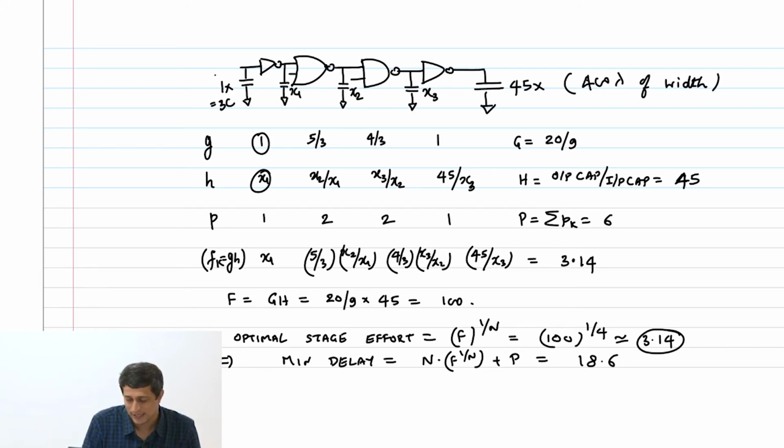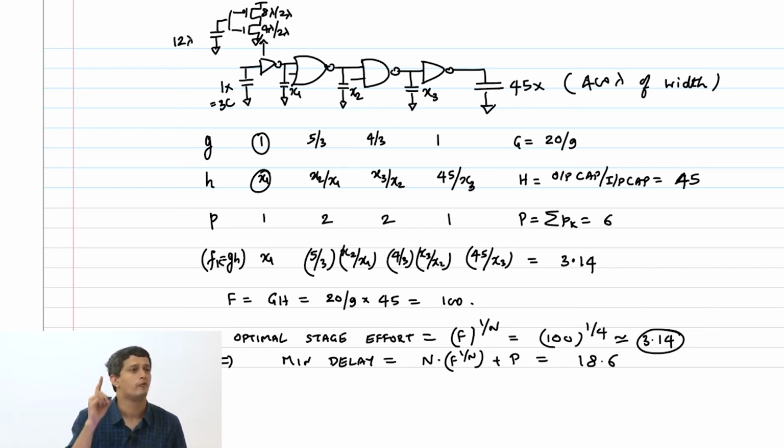So then in that case you have to look at this unit inverter's capacitance as follows. If this is 4 lambda by 2 lambda and 8 lambda by 2 lambda, then the capacitance that this inverter is offering is equivalent to 12 lambda of width of capacitance.